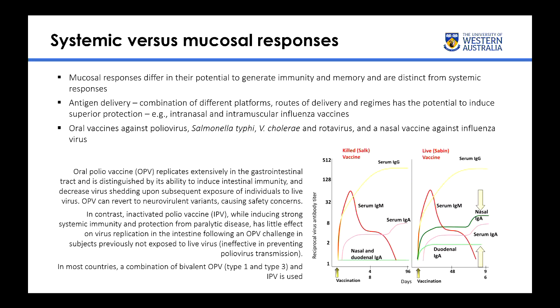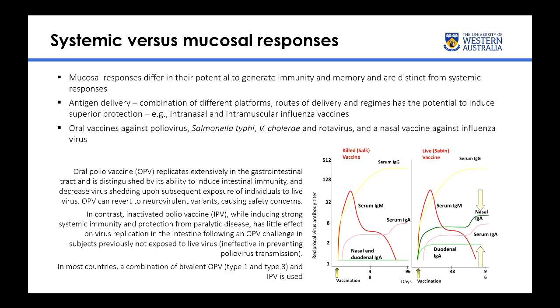But when we look at IgA in some areas, for example, in the gut, in the nose, it's not present with the killed vaccine. You find it in the serum, but you do not find it in mucosal sites.